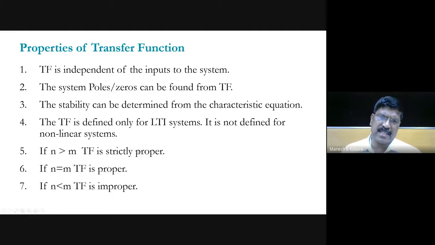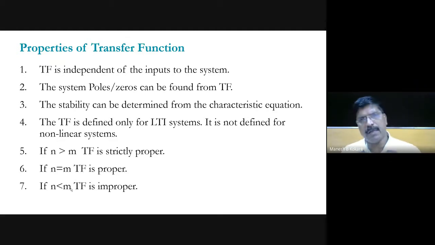The proper ones are acceptable for realizing the system practically, but the improper one is not acceptable for realizing the system. So these systems may be stable, and this system may be unstable, and so on, right? By looking at the transfer function, you can tell whether the system is stable or unstable, or whether the system can be realized in practical conditions or not.